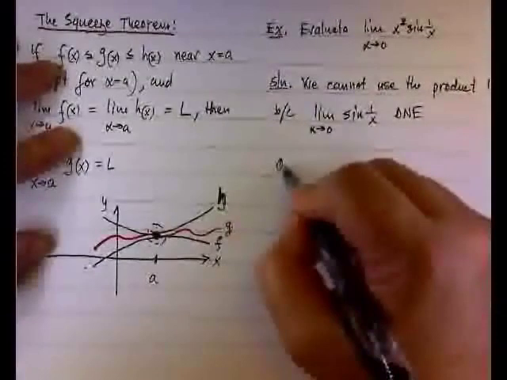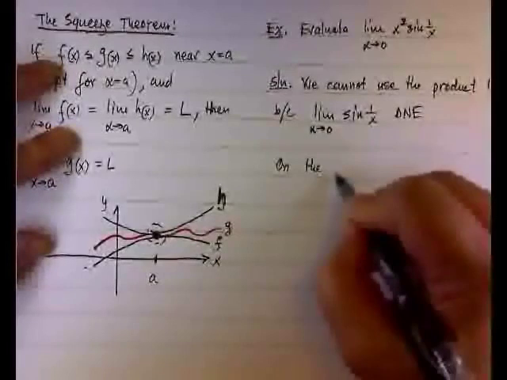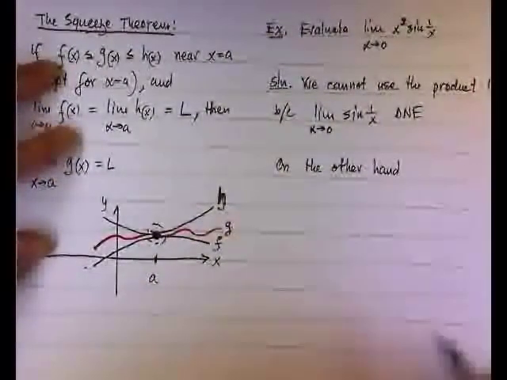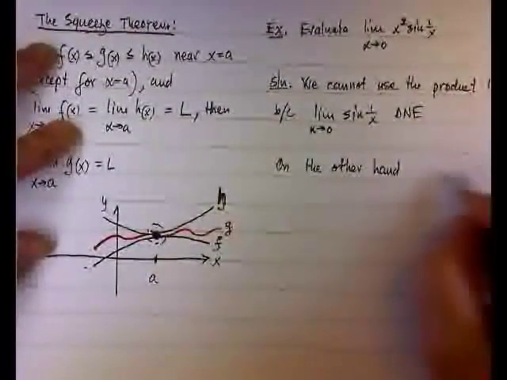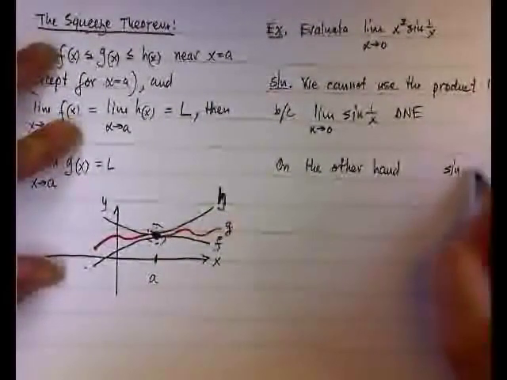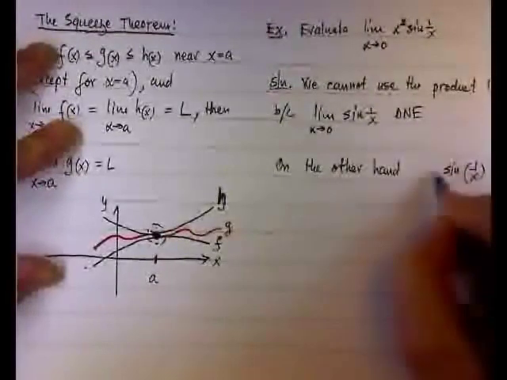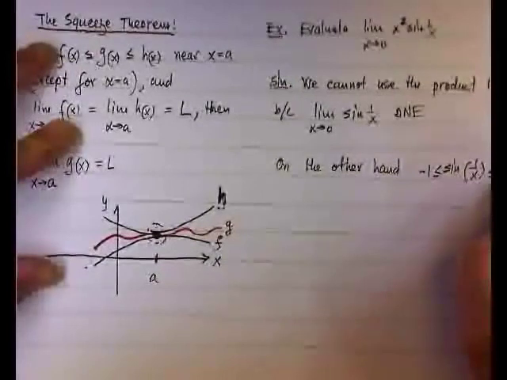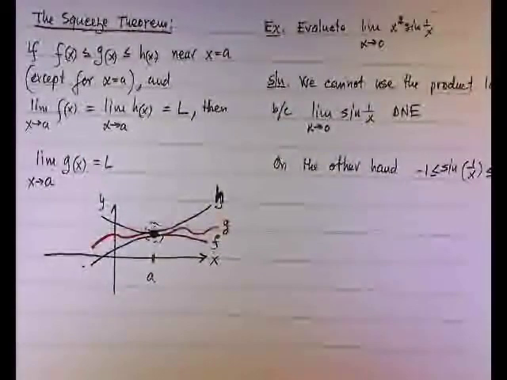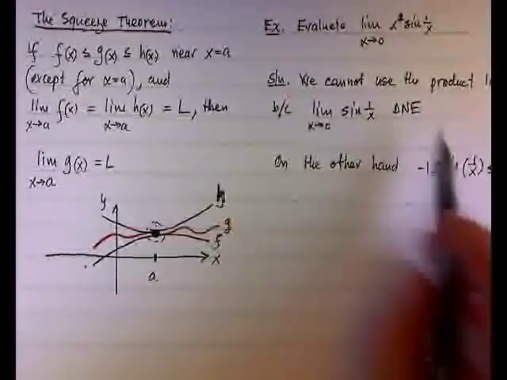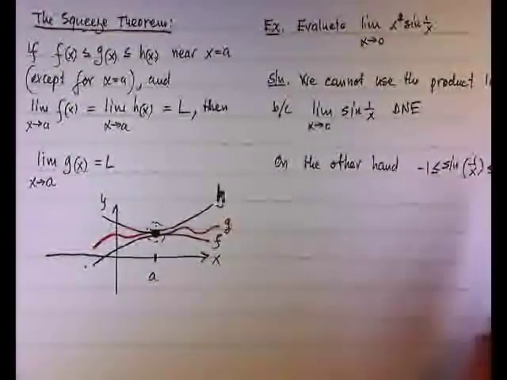On the other hand, we can say the following. We know that sine of any function, even 1 over x, will be bounded by negative 1 and 1. Okay? The sine function is always going to be a value between negative 1 and 1. So we'll take this relationship, and this is the key thing with the squeeze theorem.